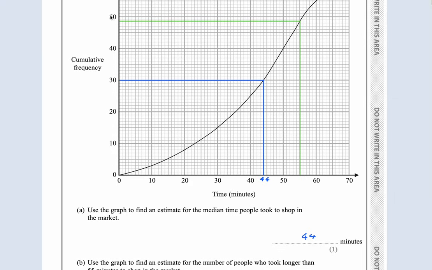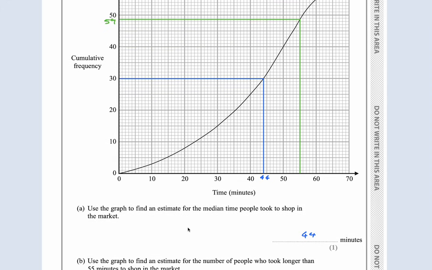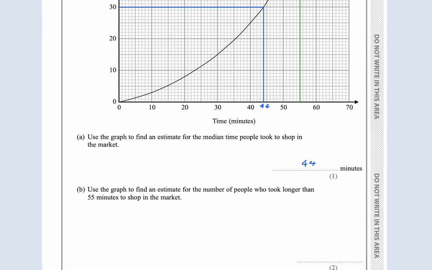Okay, let's say that's 59. So if that's 59, the question is, use the graph to estimate how many took longer than 55 minutes. If that's 55, then what's left to get to 60? Well, the answer is 11, because there's 11 people between 60 and 59. So my answer is 11.